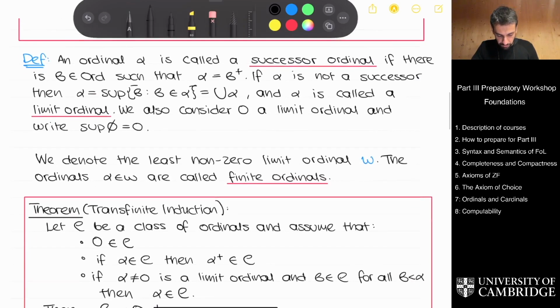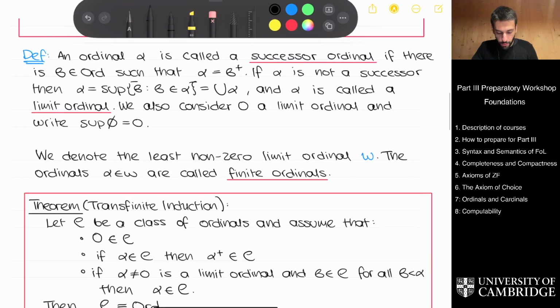Okay. So we know that there are successor ordinals, and in fact, we know that there are non-zero limit ordinals as well, and this is precisely what we obtained through the infinity axiom.